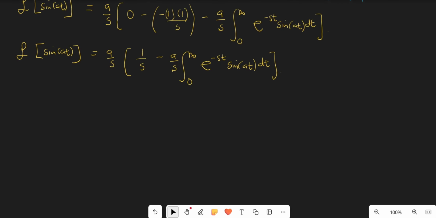Cool. So here, this one too is the Laplace transform of the function sine of at. So let's just replace that with the Laplace transform of the sine of at.